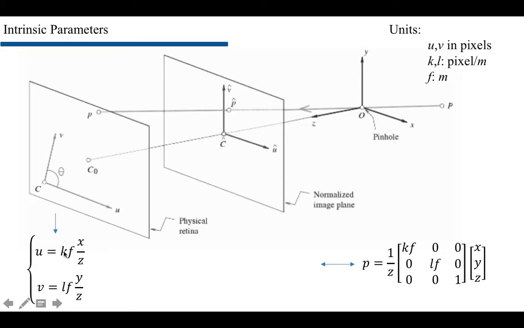So in this way, we are able to convert from meters: if we multiply F, the focal distance in meters, times K or L, which are pixels per meter, the result is pixels. So in this way, we can compute how many pixels will correspond to exactly this ratio multiplied by this variable. So you will be in pixels.